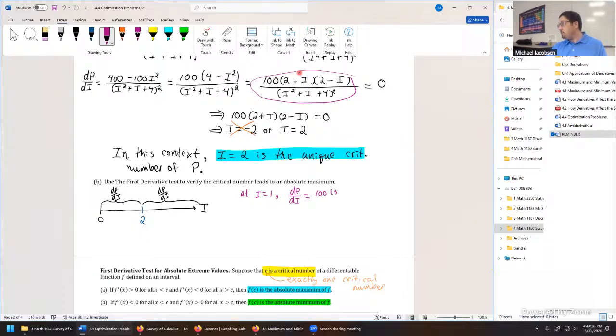That's going to be 100 plus 3, times 3 times 1. Plugging 1 here is just going to give us 6 squared. And this whole quantity comes out as positive, which means back over here, the derivative is positive.